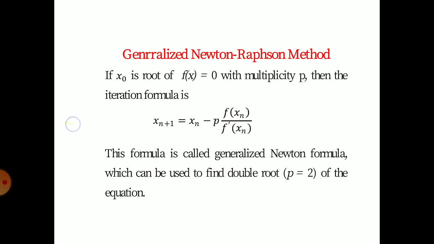Means if the given equation is f of x is equal to 0 and it has one root, for example x0, of multiplicity p, if you consider the equation f dash of x is equal to 0, then it has the solution x0 of multiplicity p minus 1. Similarly, the equation f double dash of x is equal to 0 has a root x0 of multiplicity p minus 2, and continuing like this.